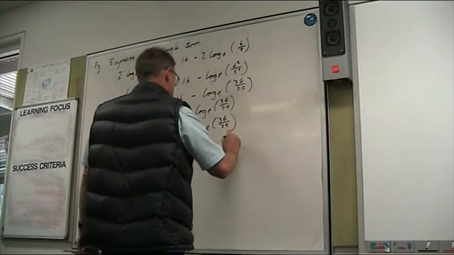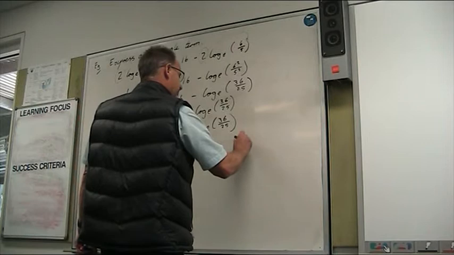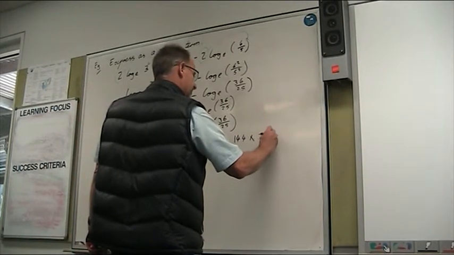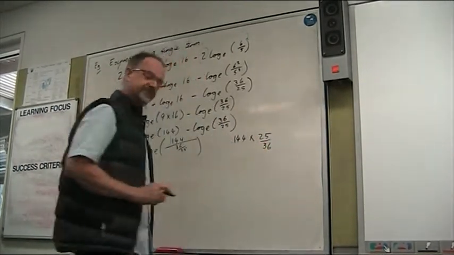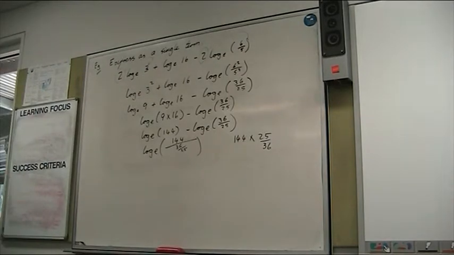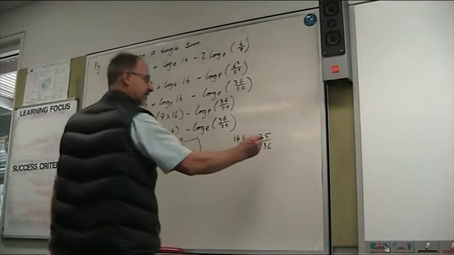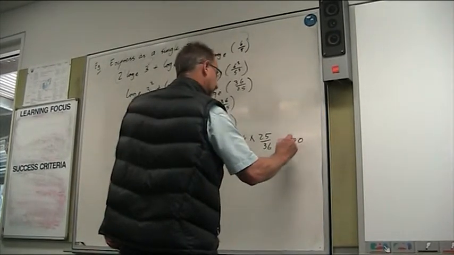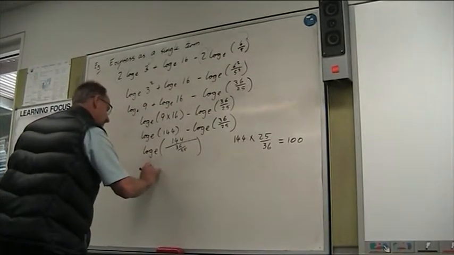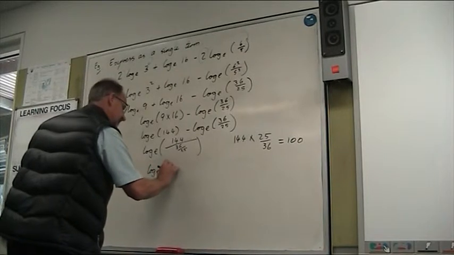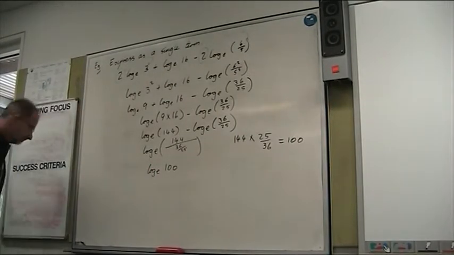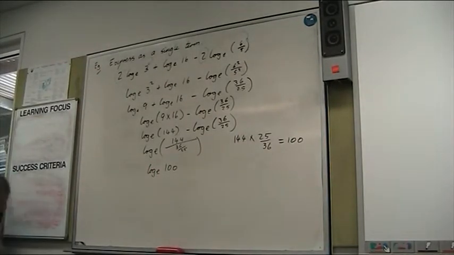So that's the same as 144 times 25 on 36. And when you do that, that's 100. So in a single term, it's log to the base e of 100. That's it, done. Simple as that.